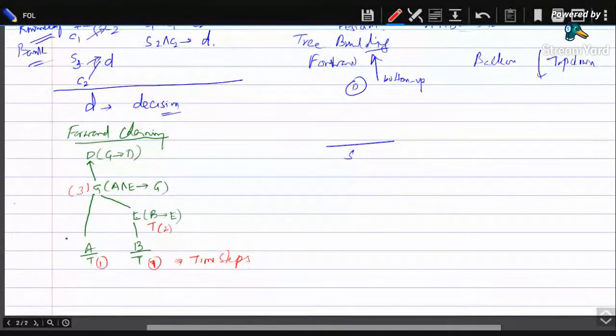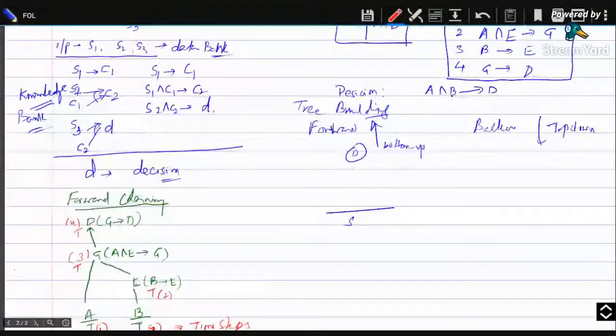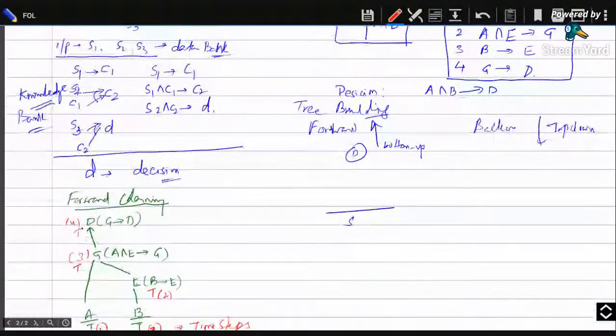And finally, this is the fourth step because G is true. Therefore, D will be true. That's the fourth step. So we started with A as true, B as true, and both concluded that D is true.